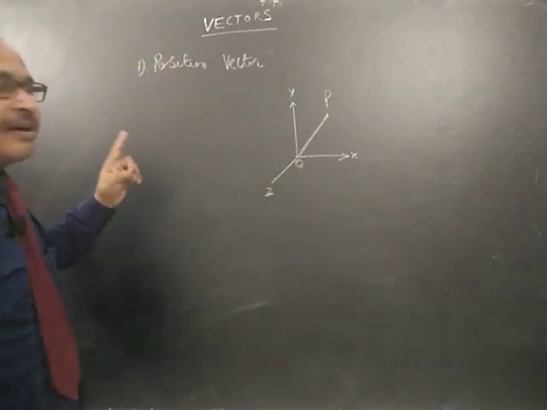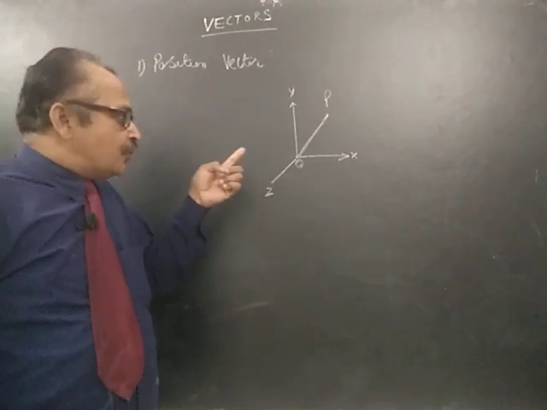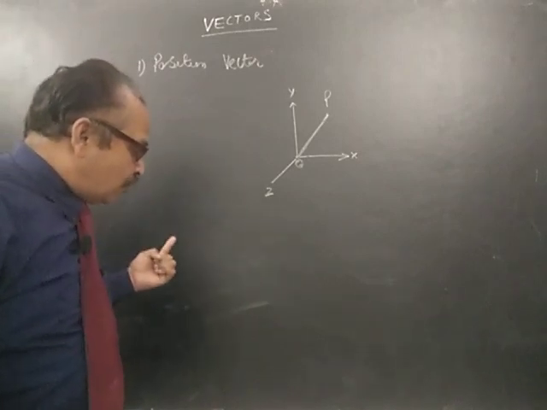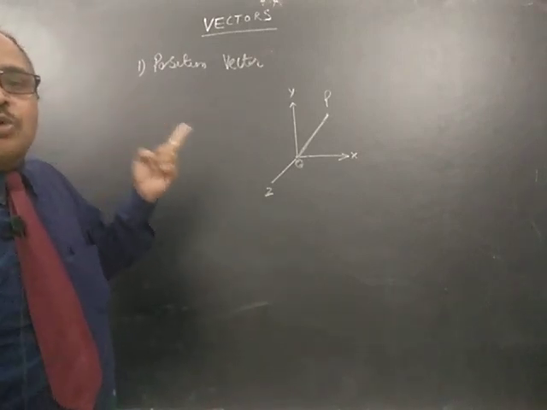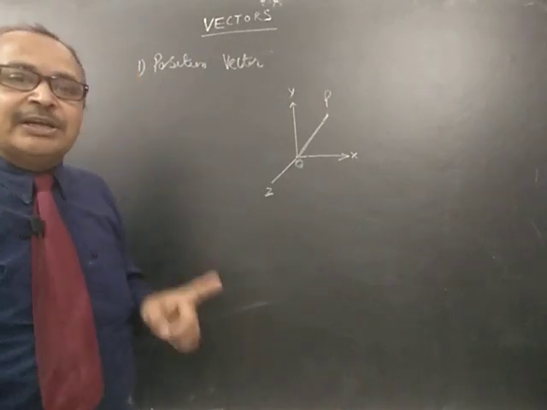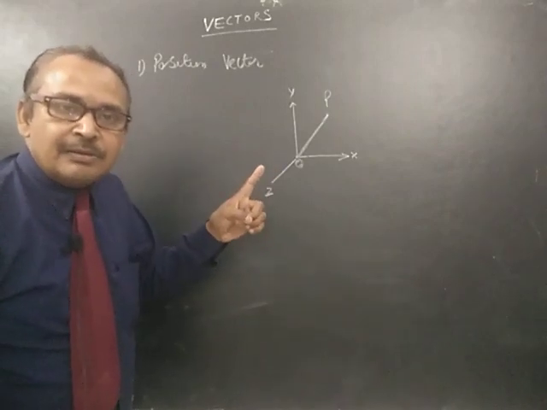That means the position vector will determine the distance of the point from the origin, and because it is pointing from the origin to the point, it is a vector, and that is a position vector. So how will we write the position vector of P?